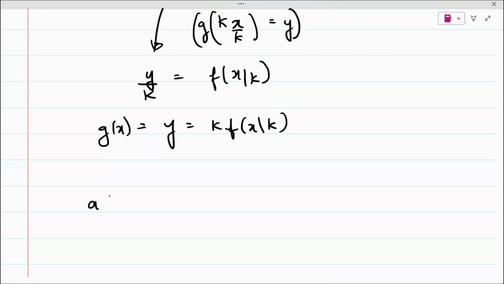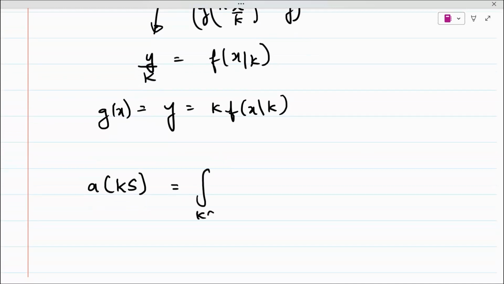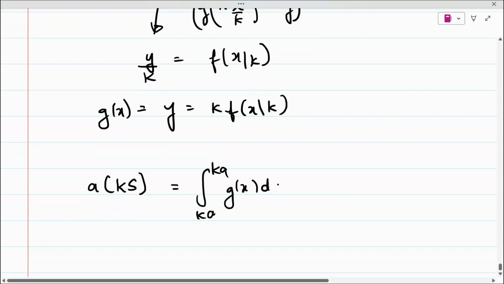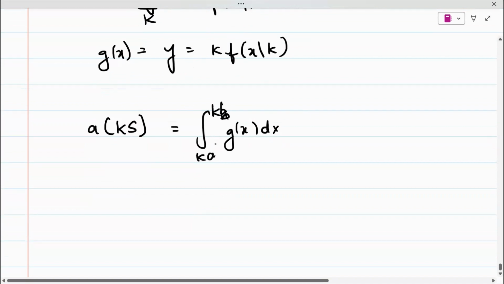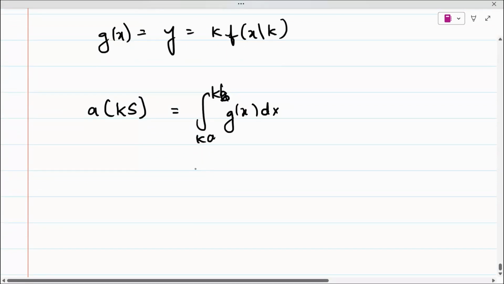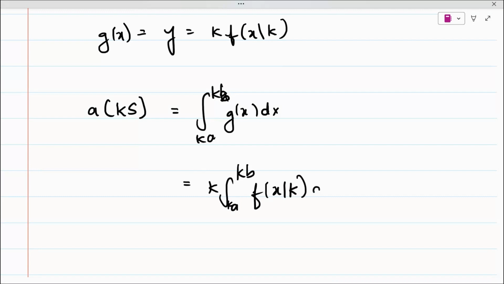So now that aside, the area of this expanded or contracted one is the integral from K to KB. But we also know that this is equal to this from the above relation from here.